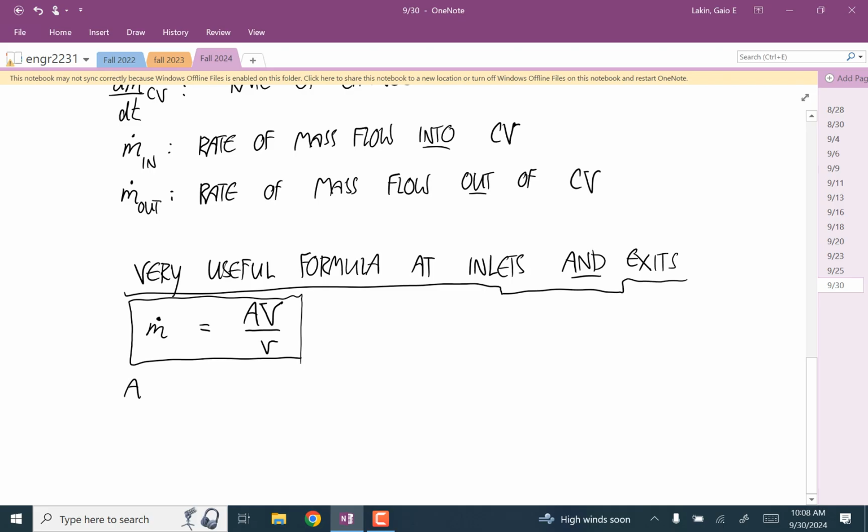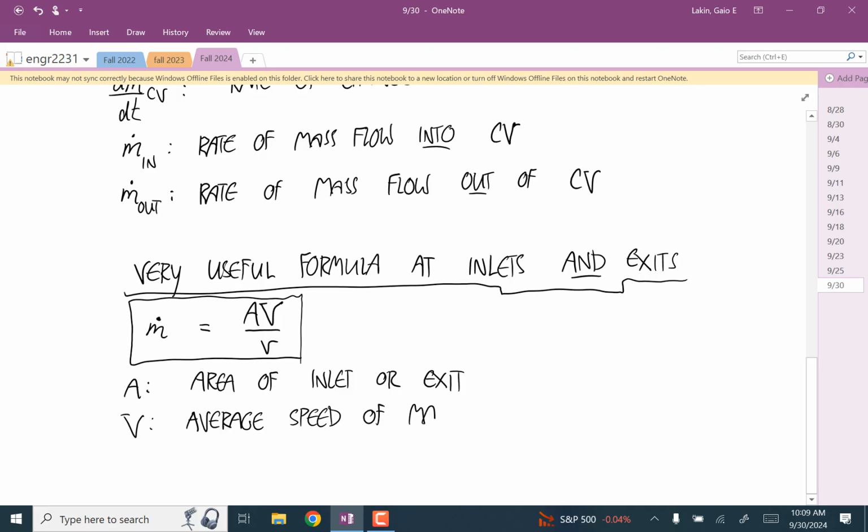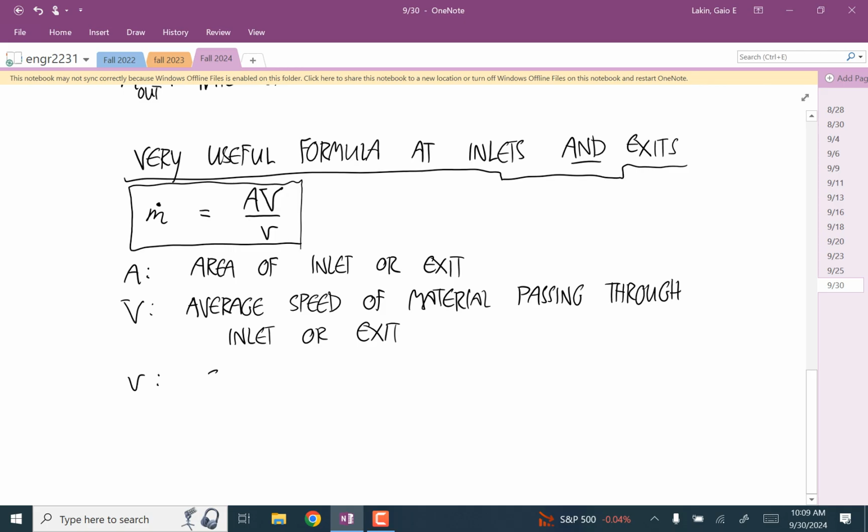So A is the area of the inlet or the exit. V is the average speed of material passing through the inlet or the exit. And lowercase v is the specific volume.